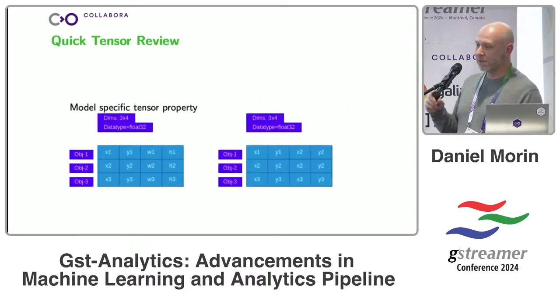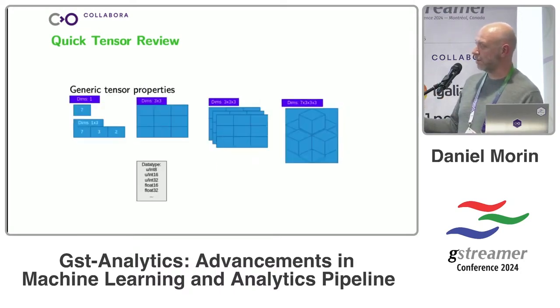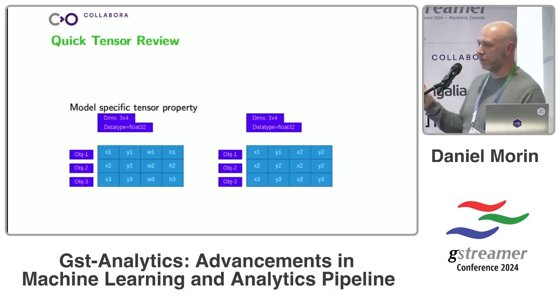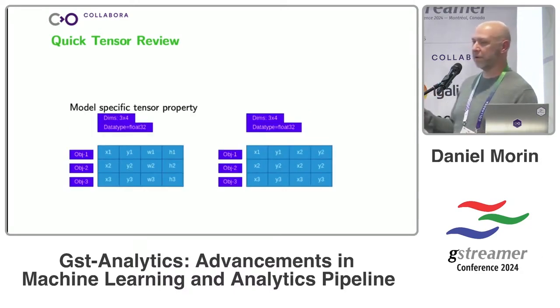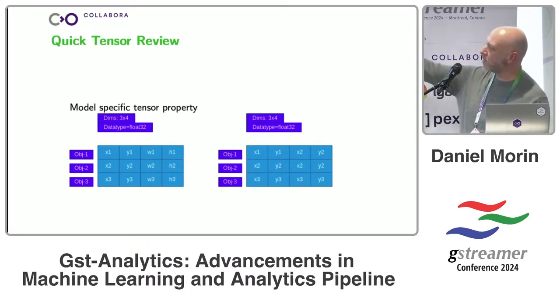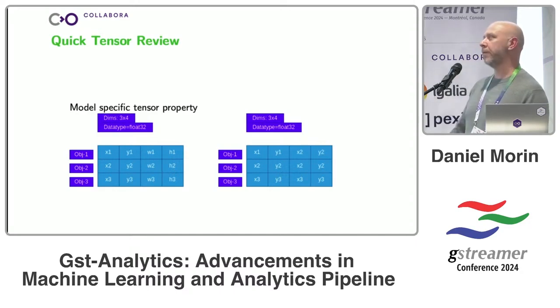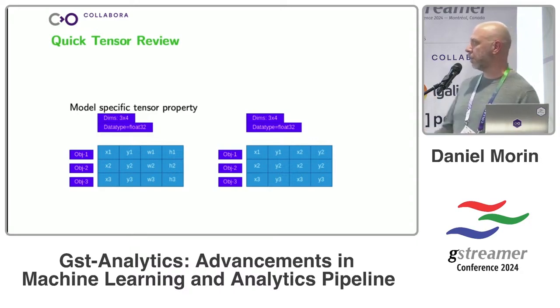But it's not enough. I'll give you a very simple example: bounding box object detection. On the left, you can see at the top that they have exactly the same generic tensor properties, but in the first case the bounding box is expressed as top left coordinate, width and height, and on the right side it's expressed as top left and bottom right.